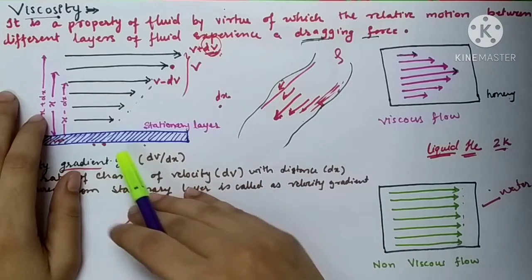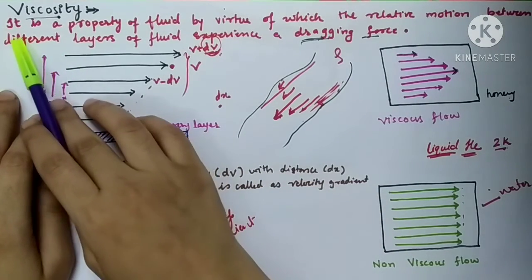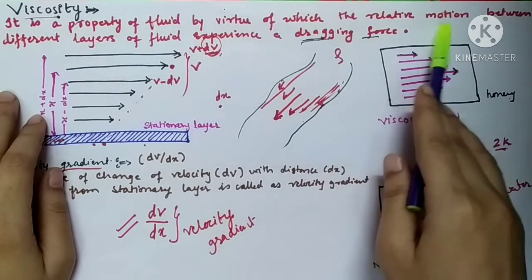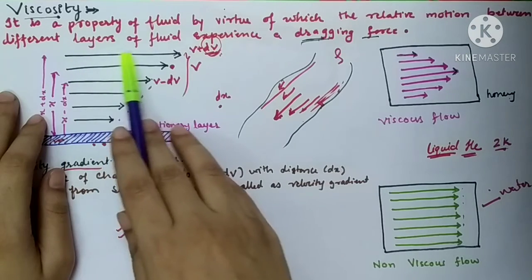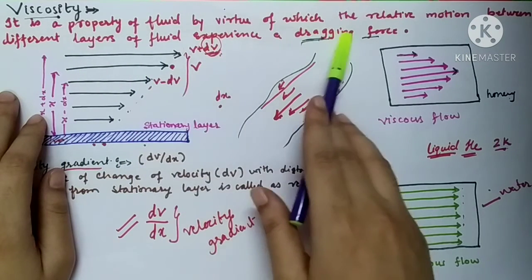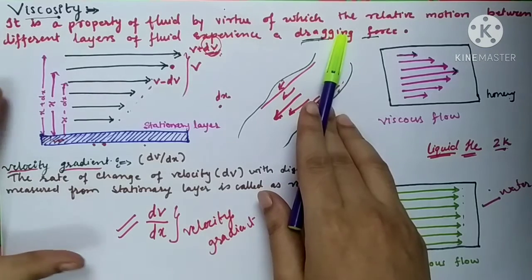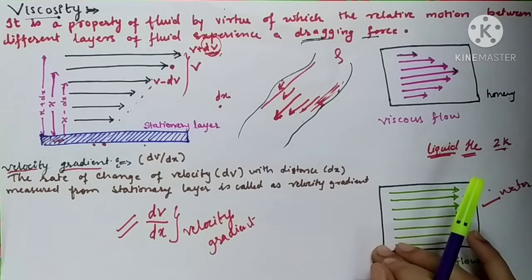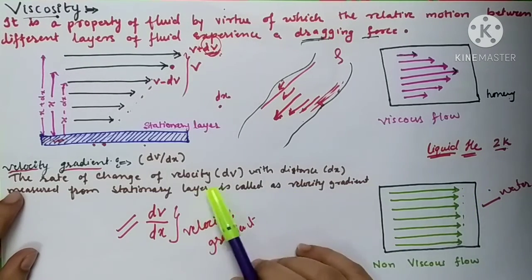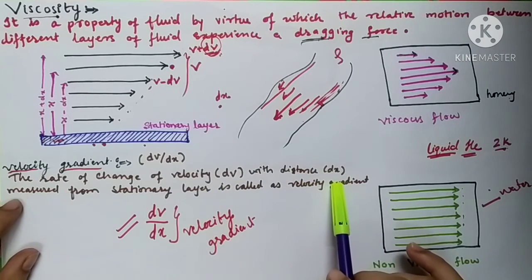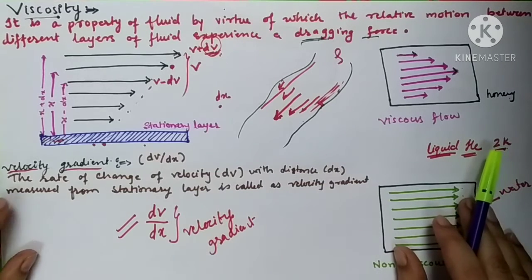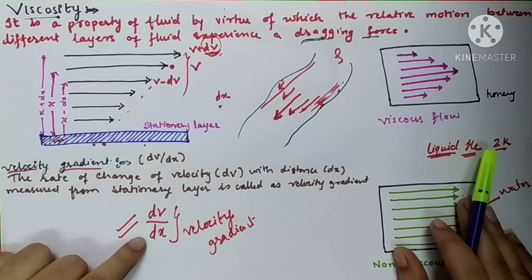Viscosity is defined as the property of a fluid by virtue of which the relative motion between the different layers of fluid experiences a dragging force. We have also studied the term velocity gradient, which is the rate of change of velocity with distance dx measured from the stationary layer, that is dv by dx.